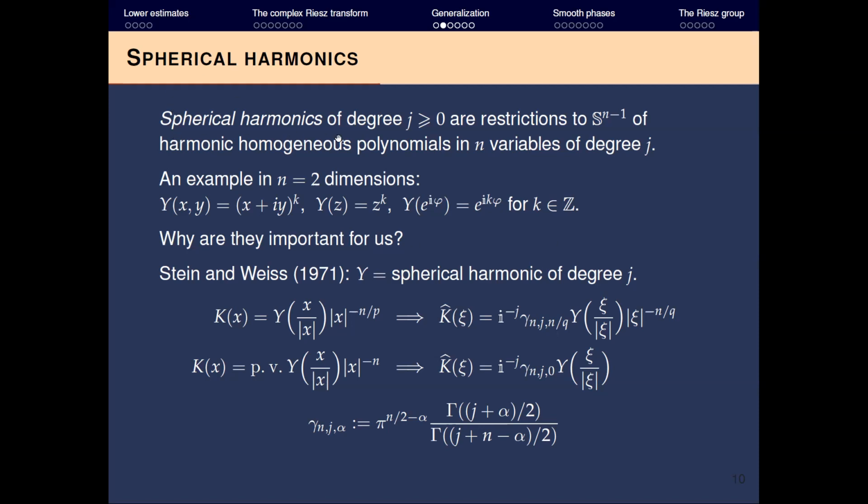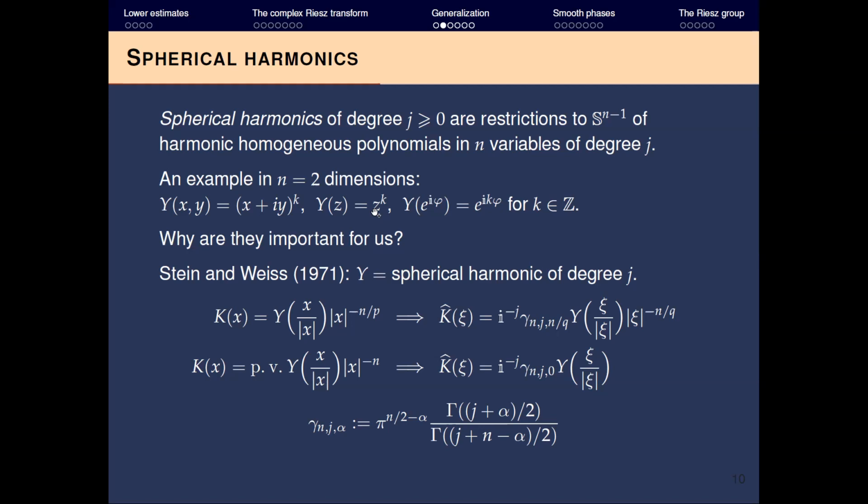So a spherical harmonic, I need to remind you, of degree j is simply a restriction to the unit sphere of a harmonic homogeneous polynomial in n variables of degree j. So in 2 dimensions, a prototypical example would be the following polynomial, written as a function of a single complex variable.